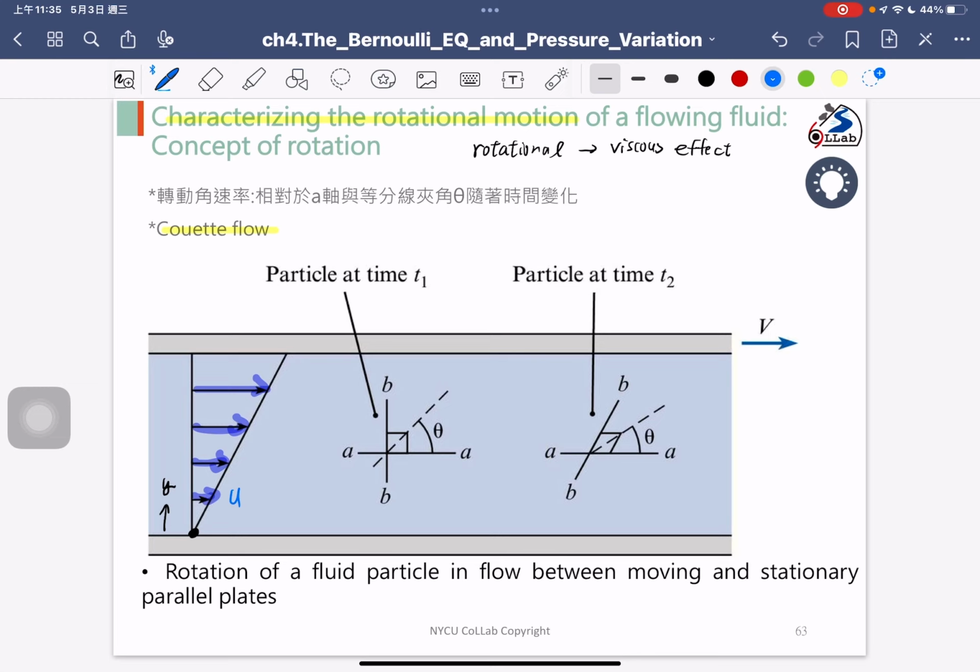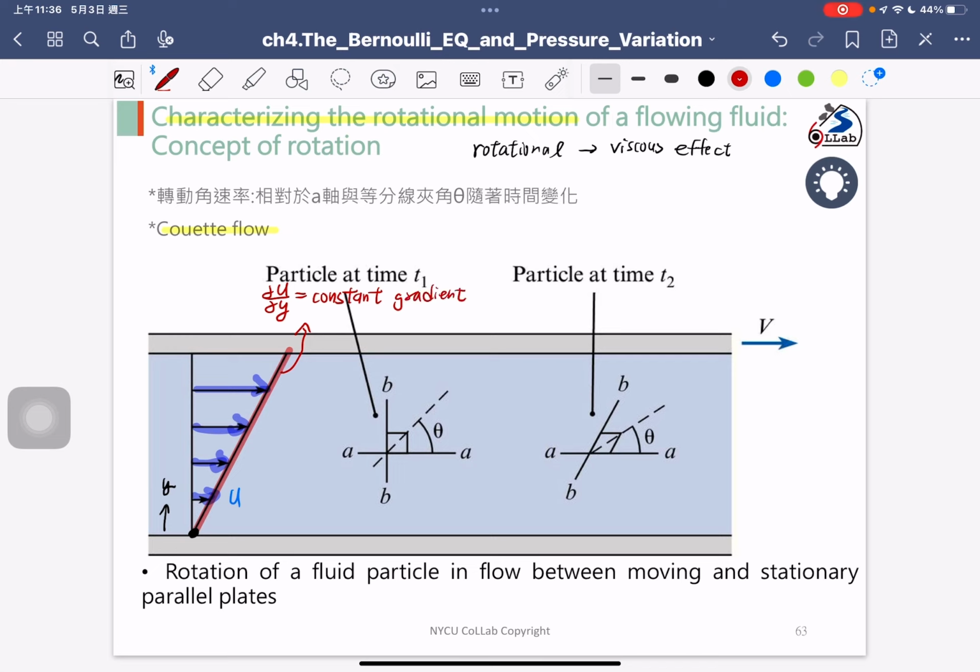So you can figure out what the slope is in here. The red line here is the velocity gradient. Sometimes we use du/dy, right? And we know that the u velocity changes with the y location, but du/dy is always equal to a constant value. So we have a constant gradient of the velocity.